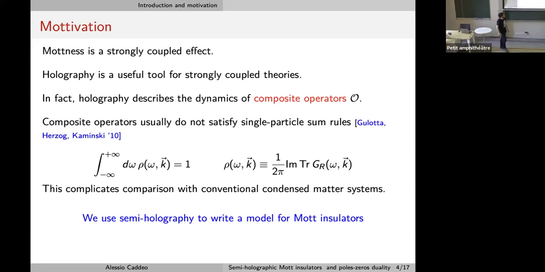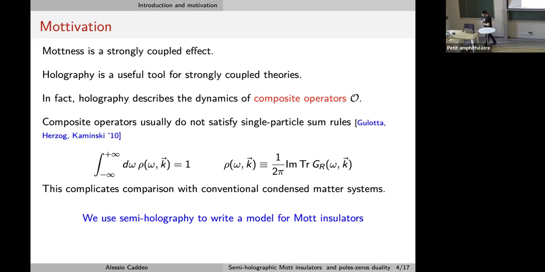This can be seen, for instance, from one of the equations that Aristotle showed today. And this makes a comparison of holography with the conventional condensed matter systems a bit difficult, and even the discussions between our two groups, with our condensed matter colleagues.